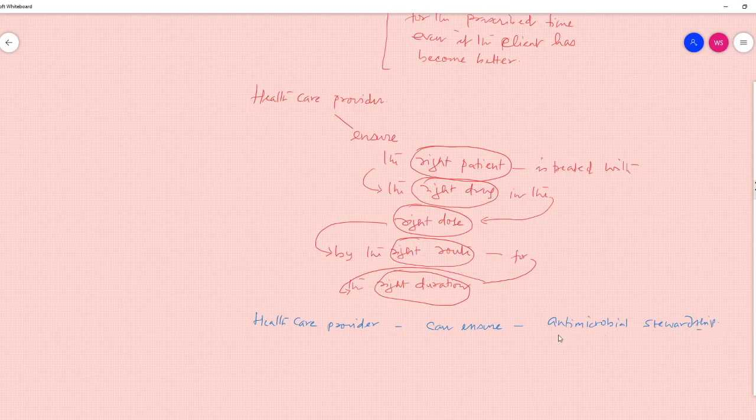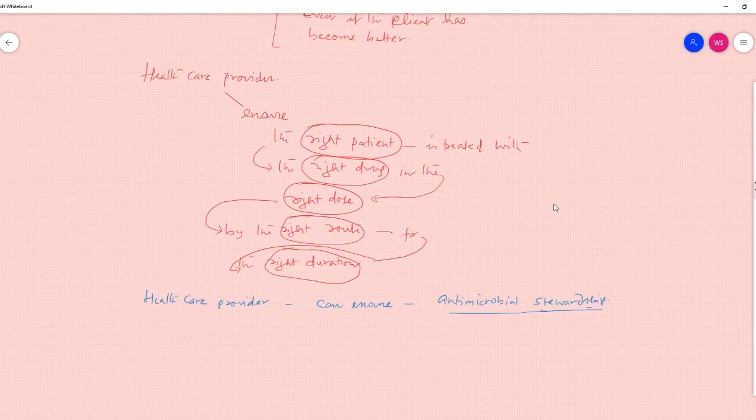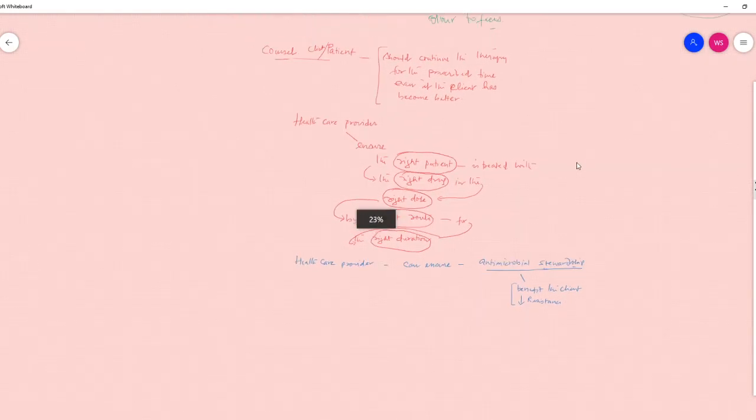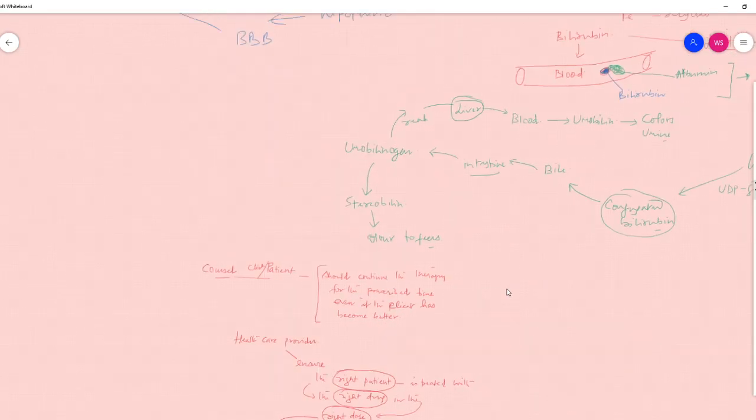If the healthcare provider ensures antimicrobial stewardship, it will benefit the patient or the client, and it will reduce the resistance. All in all, it will make the society better.